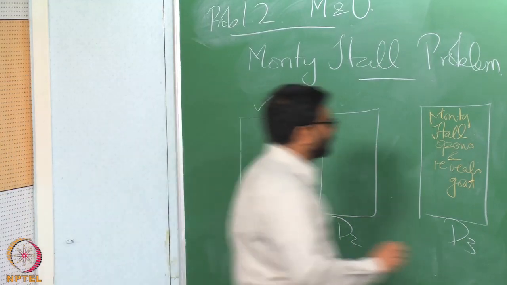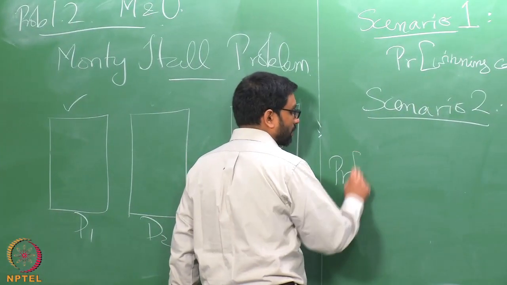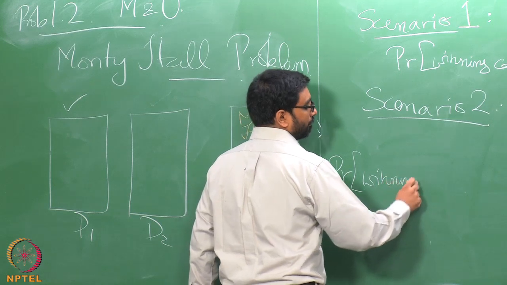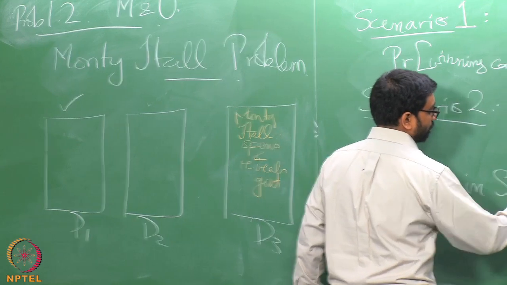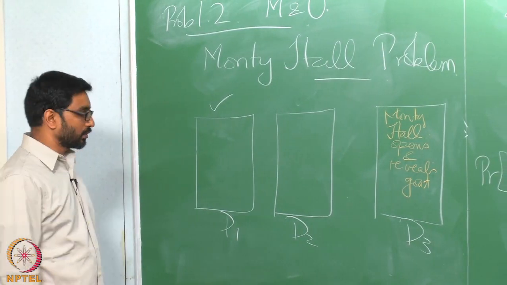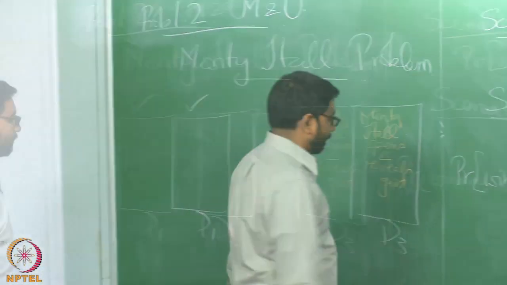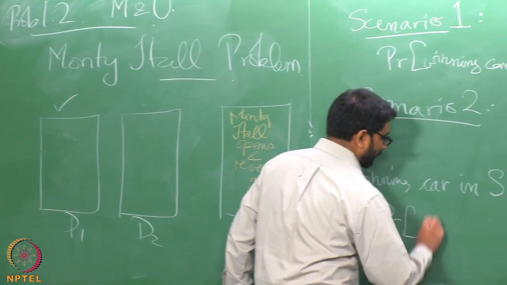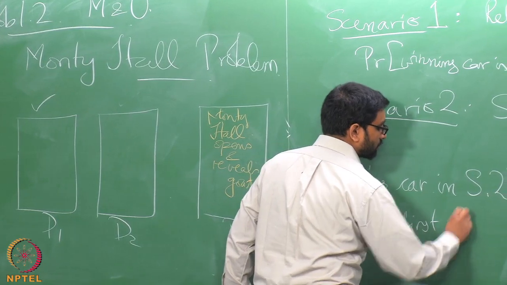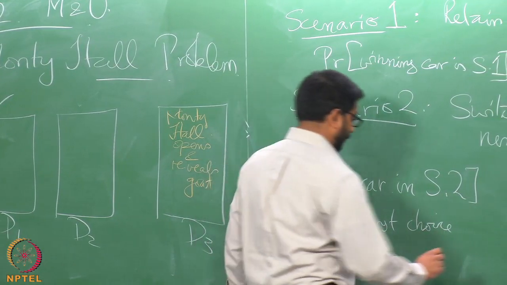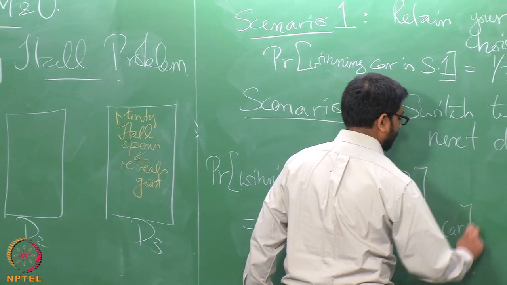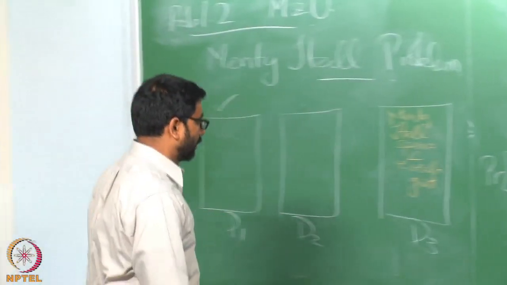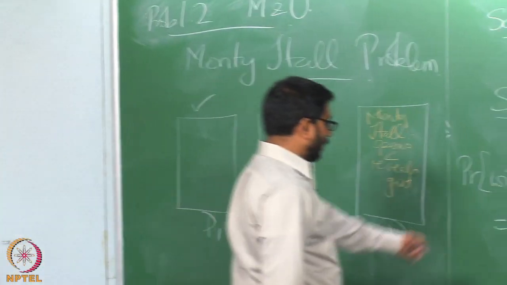Let us write out the probability that we are interested in. This is the probability of winning a car in scenario 2. Let us see the two cases. There are two possibilities. First, the first choice is a car.